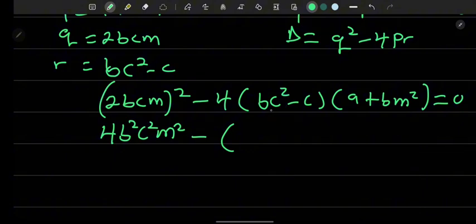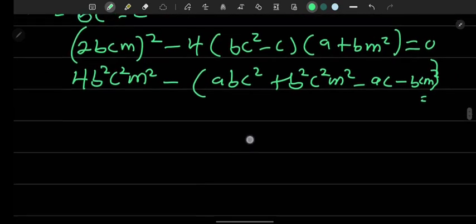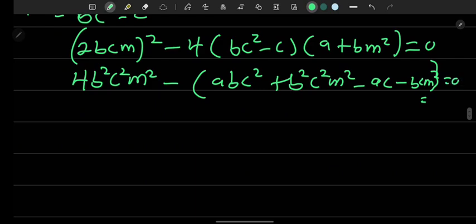Let's expand this: bc squared times a, that is abc squared. bc squared multiplied by bm squared is b squared c squared m squared. Then minus c times a, that's minus ac. Then minus c times bm squared, that is minus bcm squared, in brackets. So we equate this to 0.